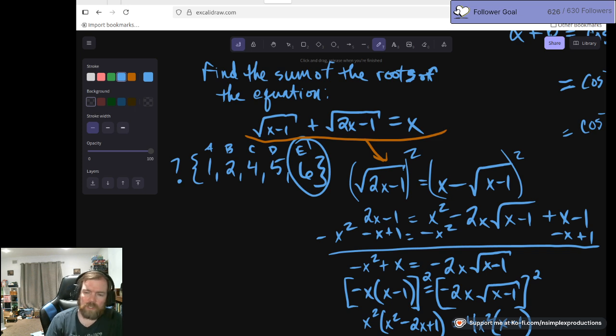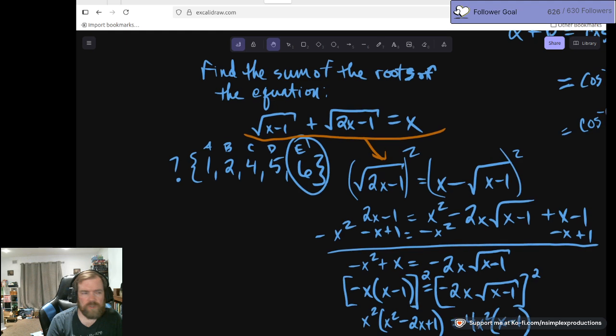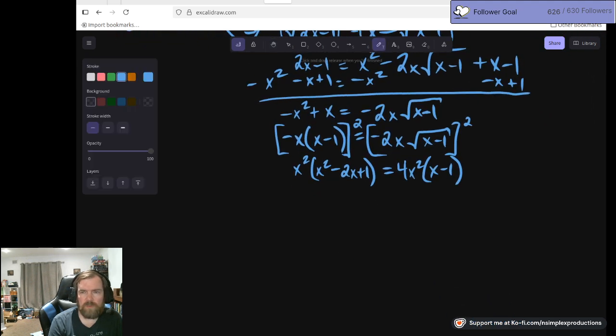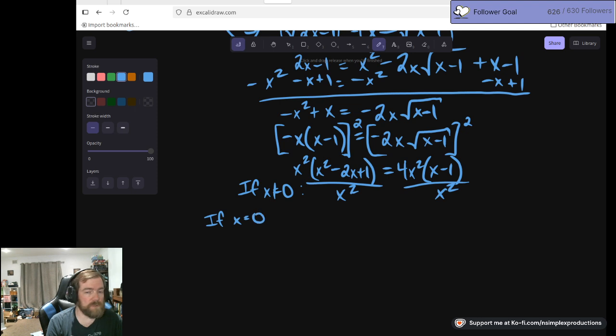Alternatively, we can look at what else is going on here. If we divided by x squared, which is a thing people are wont to do, right? If x is not 0, then we can divide by x squared. Right? If x equals 0, then 0 equals 0, so that's true. So our candidate list is going to start with 0.